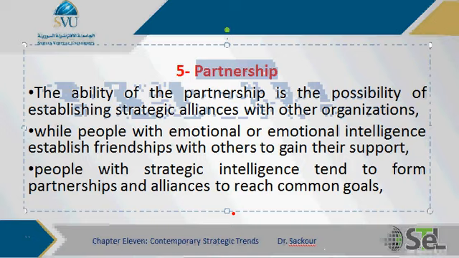While people with emotional intelligence establish friendship with others to gain their support, people with strategic intelligence tend to form partnerships and alliances to reach common goals.